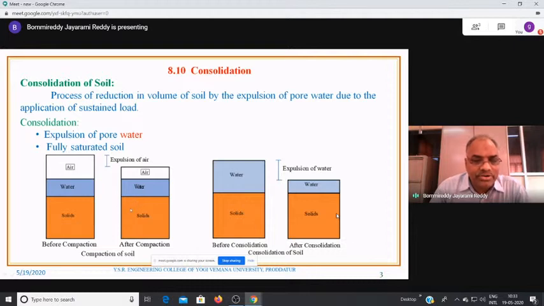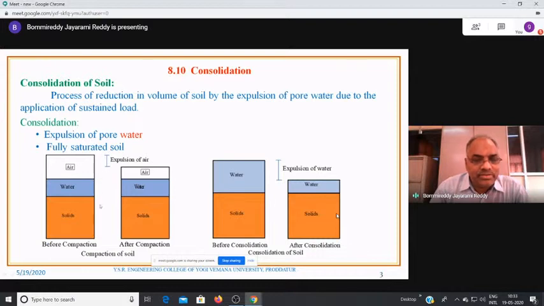What type of volume is reduced? The solids will be the same as initial. The water content is also the same as initial. That means the volume of the water is also the same, and the volume of solids is also the same. The only change is the decrease in the volume of the air. Because of that decrease, that is expulsion of air, the total volume of the soil mass is reduced.